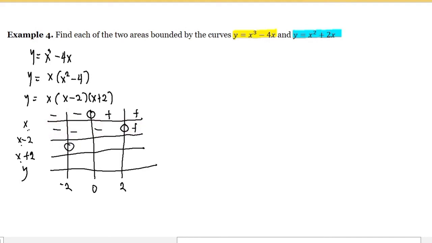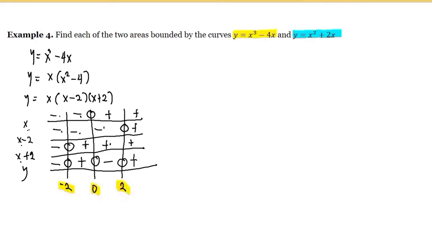And we have here 0 at negative 2, we have positive to the right and negative to the left. And if we are going to multiply our signs, we have negative, negative, and negative, negative. This is 0, we have here negative, negative, positive, it's positive. This is 0, and this is negative. This is 0, and this is positive. So we can see that we have here our x-intercepts at negative 2, 0, and positive 2.